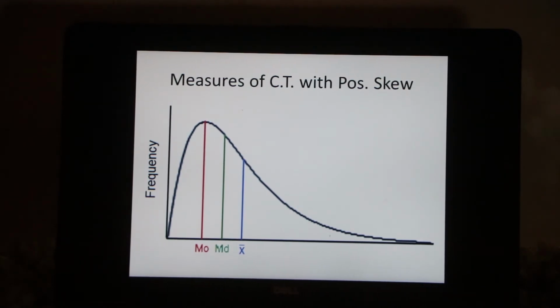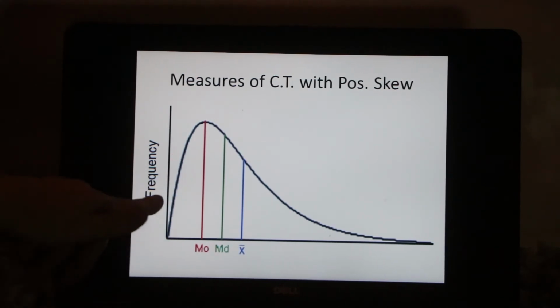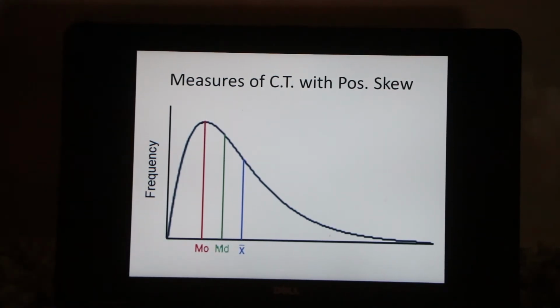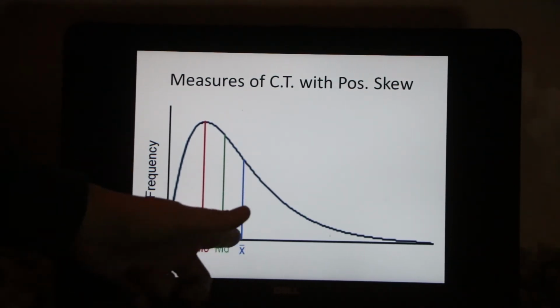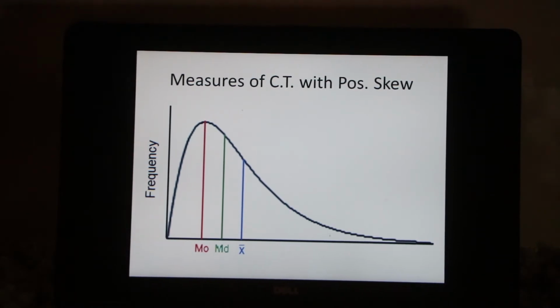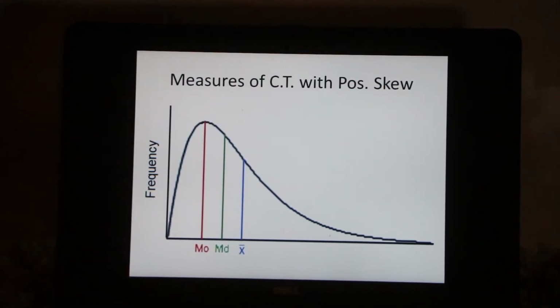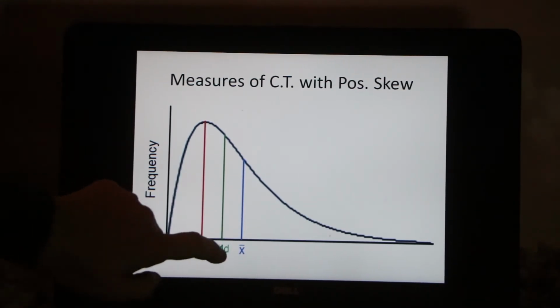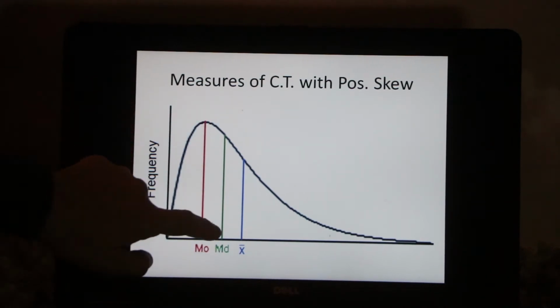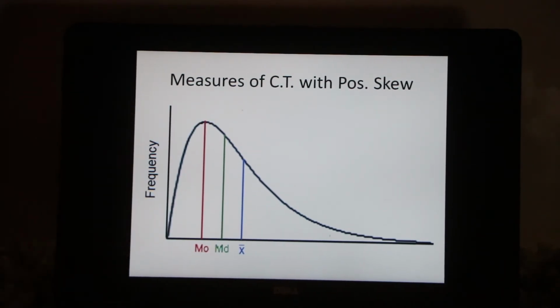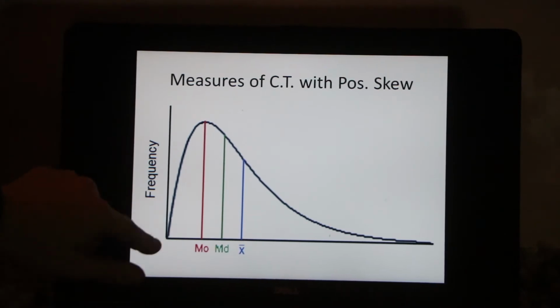Here are a few more colorful examples of the relationship between the mean, the median, and the mode if you have a positive skew. The mean will be here, and the median and the mode will always be to the left of the mean, because the mean is being pulled in the direction of those outlier values over there, which is why you'd find the median or even the mode to be a better characterization of a typical value in this data set.